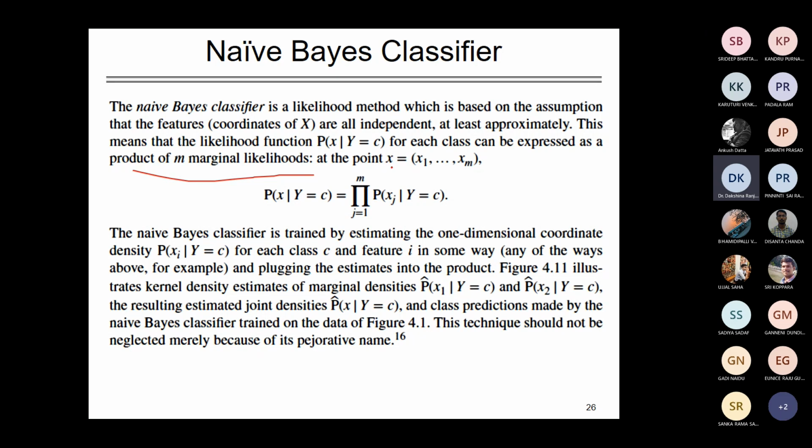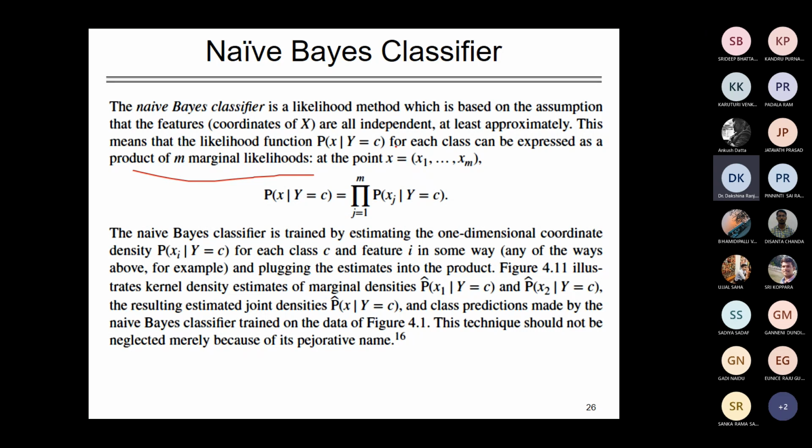So if we consider a point or a vector x in which we have m number of features, that means this is m dimensional features. Now for m dimensional features, we try to estimate the likelihood function, the probability of x given y equals c. Here small c denotes a particular class.